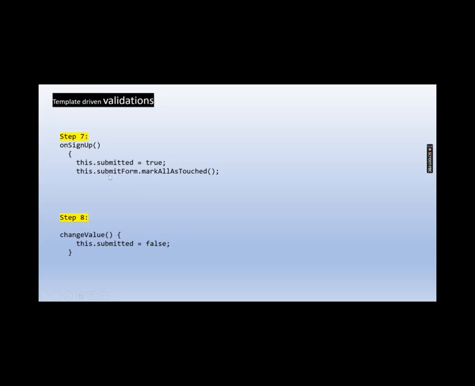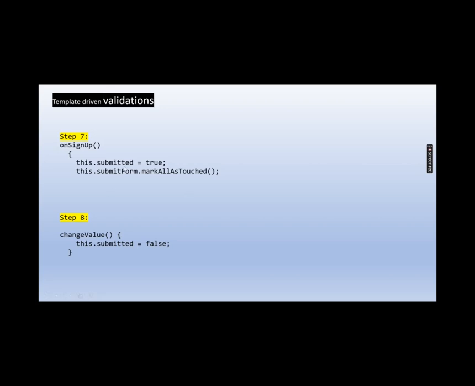Next, this.submitForm.markAllAsTouched, meaning all as touched should say that the user's first name has been entered, so that field has been touched, and the user password field has been touched, and email, the user entered that email also, that means all the fields have been touched.